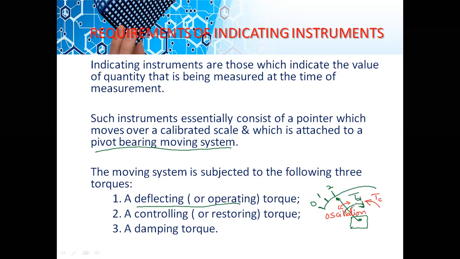To damp down the oscillations, we require another torque so that the pointer comes to rest quickly. That torque is what we call the damping torque. In this way, we have three torques acting upon a moving system so that we can take the readings in a short duration, in less time.